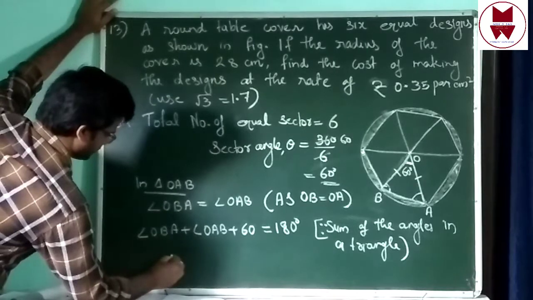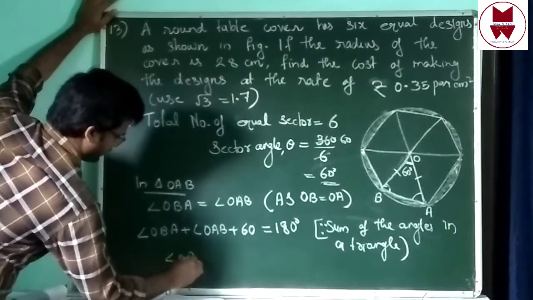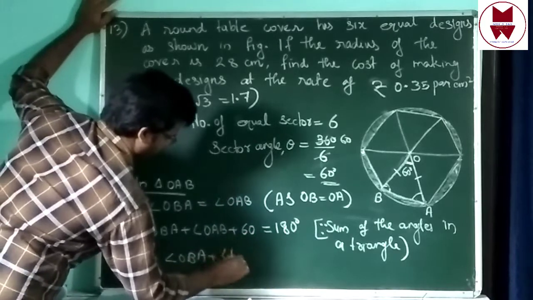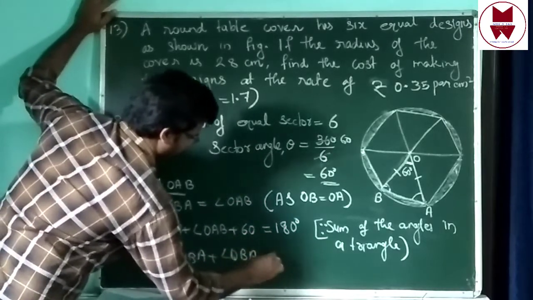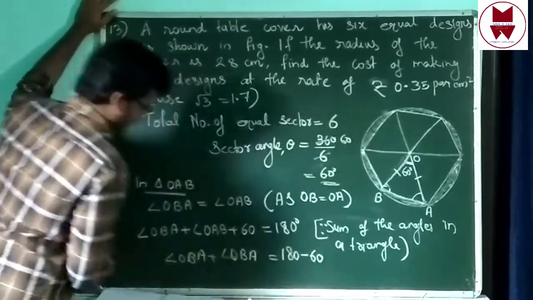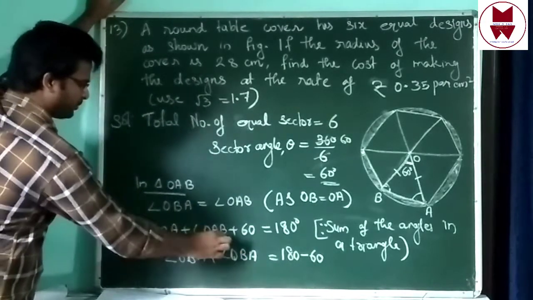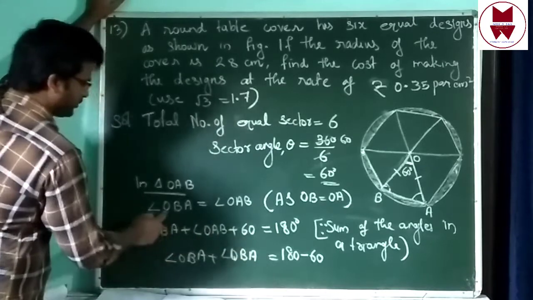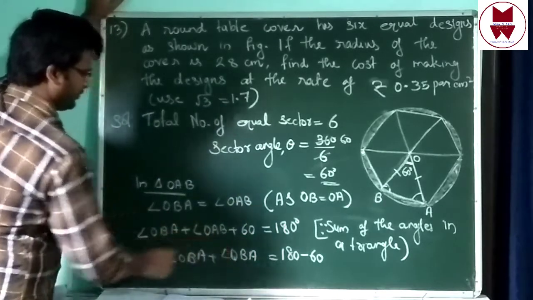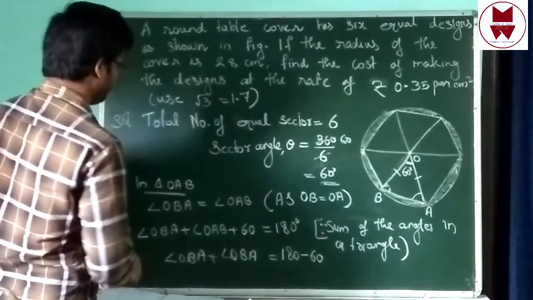Then angle OBA plus angle OAB equal to 180 minus 60. Here also we can write angle OBA because OBA and OAB are equal.